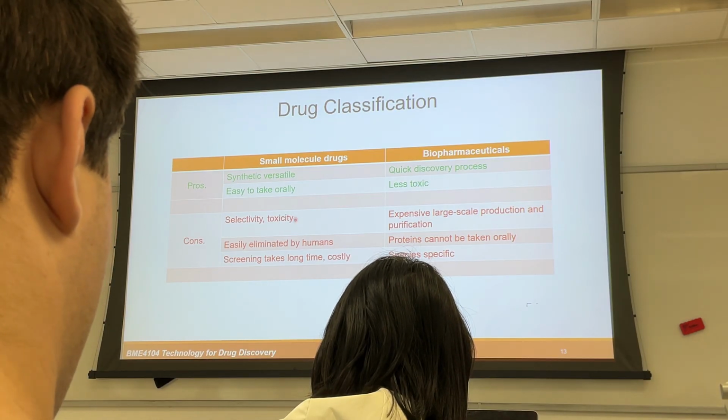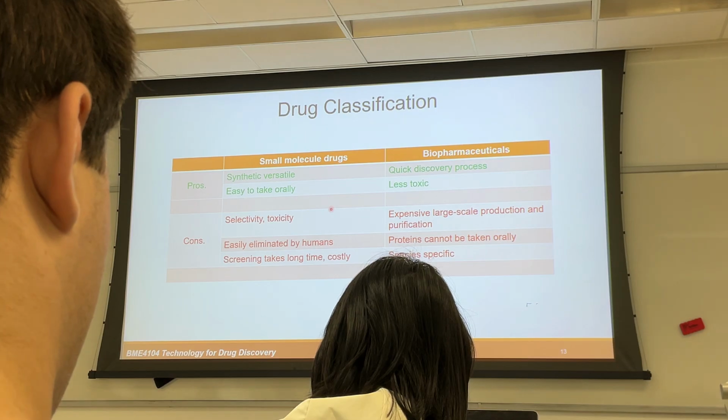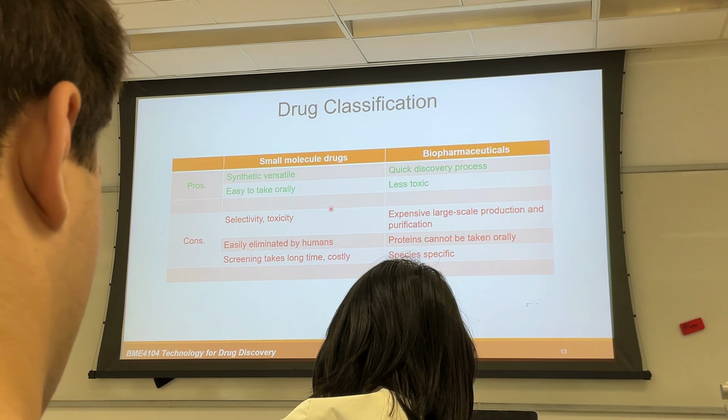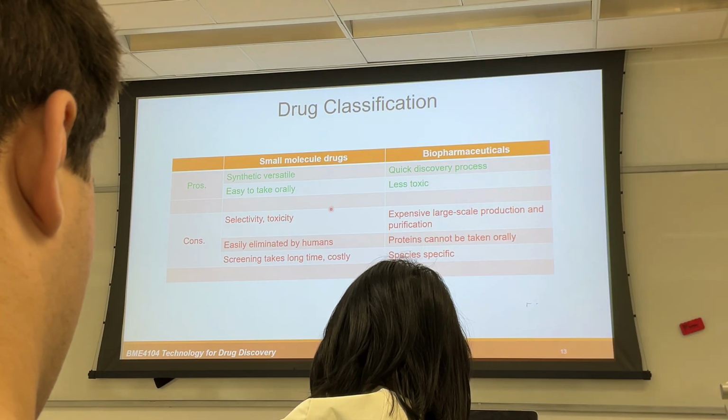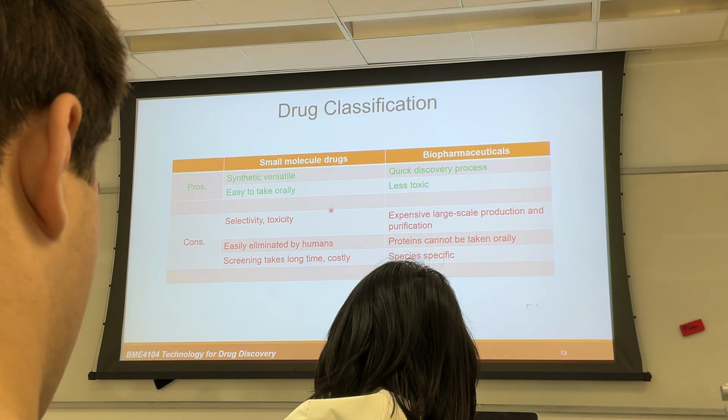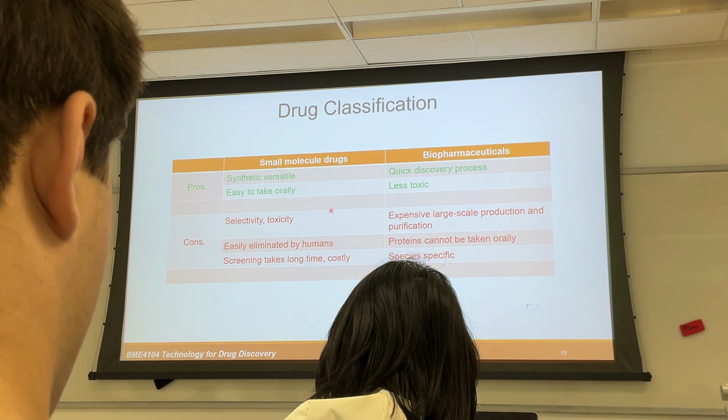Small molecules can be really easily secreted out by the body, so they only remain in your body for like 12 hours or 24 hours, something like that. So you have to retake the pill every day. You know that some medicine you need to take 4 or 5 times a day, right?